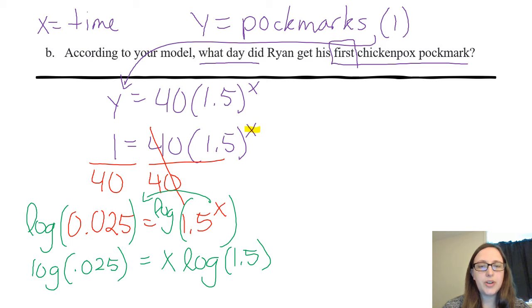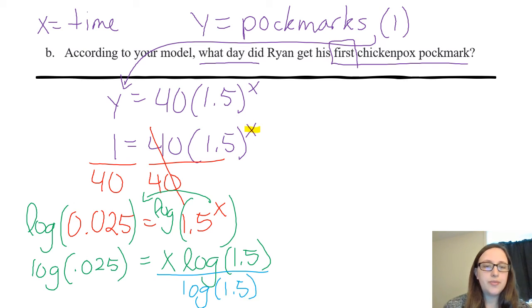Okay, so then I want to get x by itself, so I'm going to divide the log of 1.5 on both sides. And now I have x by itself.